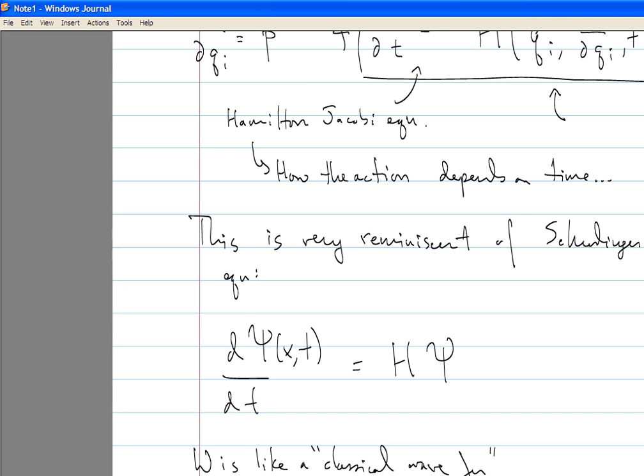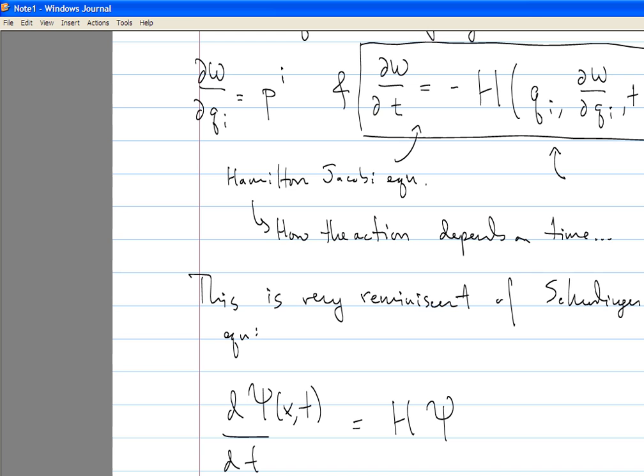But nevertheless, formally, I hope you can at least see that this boxed equation here is very, very similar in structure to Schrödinger's equation. And in fact, one can go a little bit further and make this analogy completely explicit. And since I have enough time, I think I can do that. But before I do so, let me ask if there are any questions.